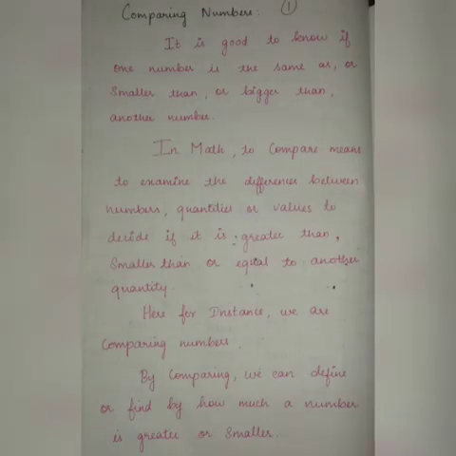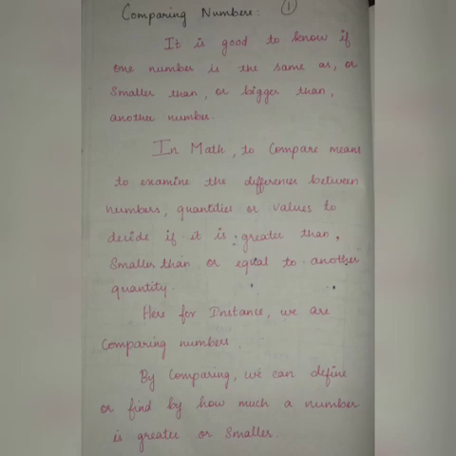In this session, we are going to deal with the topic comparing numbers. It is good to know if one number is same or smaller or bigger than another number, right? In math, to compare means to examine the difference between numbers or quantities or values to decide whether it is greater or smaller or equal to.